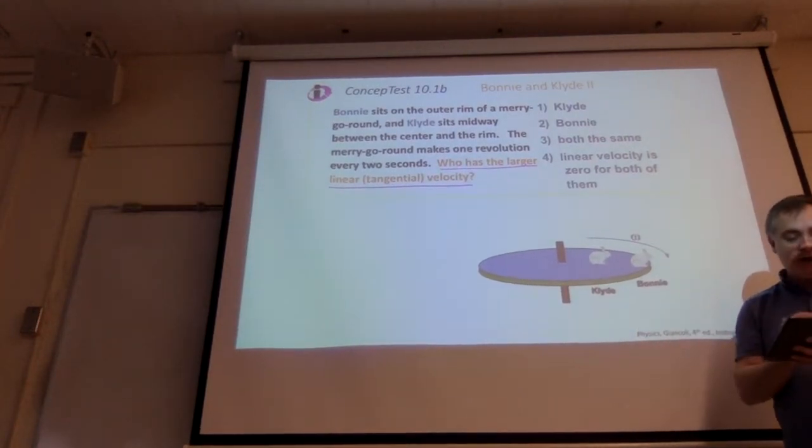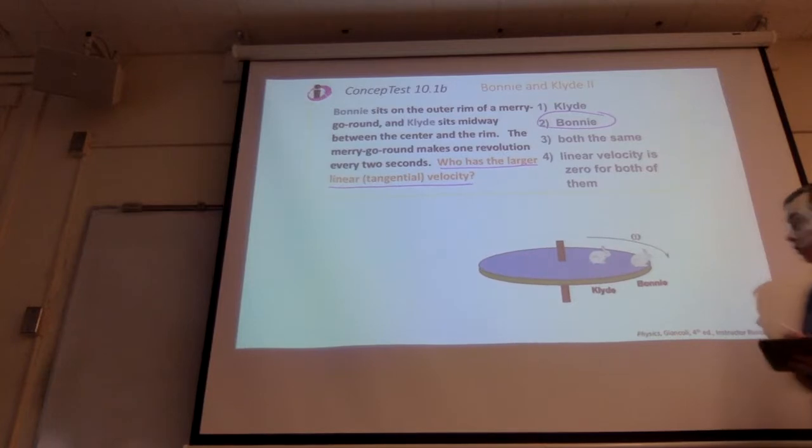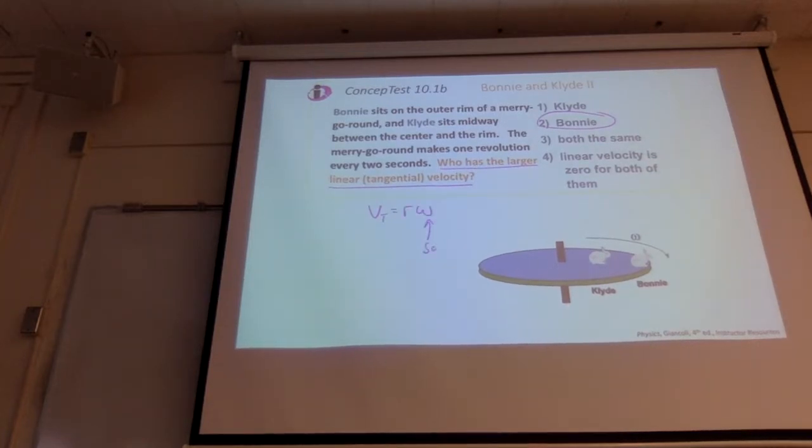Okay, so Bonnie has a larger tangential velocity. And you can make that connection by saying Vt is equal to R omega. So this one is the same, but this one is larger. Say for Bonnie. Good? Not too bad, right?